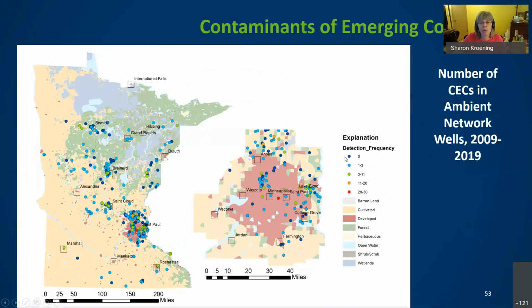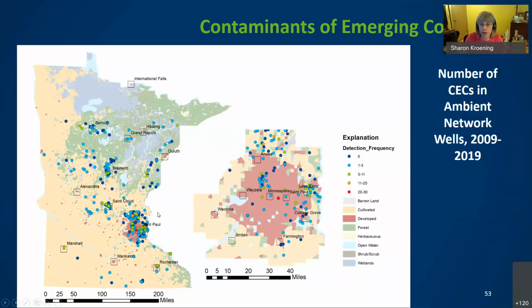The dark blue dots on this map show wells where we haven't detected any CECs, going up to the red dot, which shows the well with the greatest number of detections. What I wanted to point out with this map is typically when we find these chemicals in the groundwater, we usually find anywhere from about 1 to maybe at the most 10 different chemicals in any one water sample.